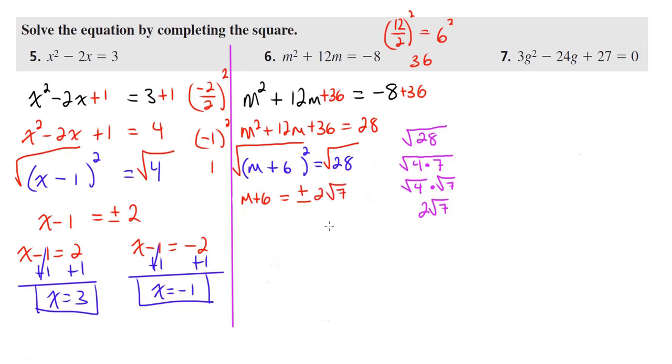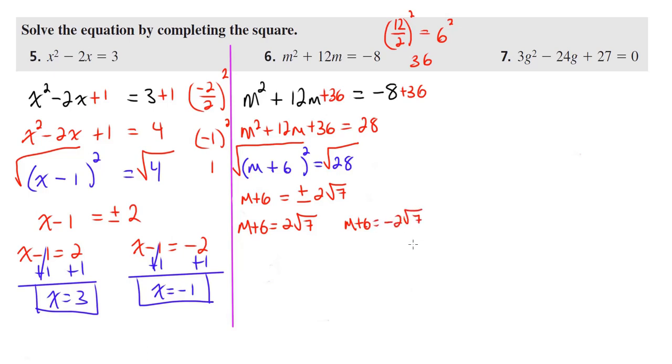So now we have our two equations. One equation is going to be m plus 6 equals positive 2 radical 7. And the second equation is m plus 6 equals negative 2 radical 7. So now we can solve. The first equation, we subtract 6 from both sides.